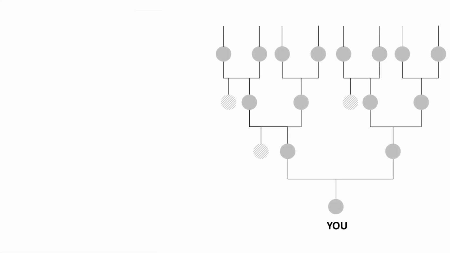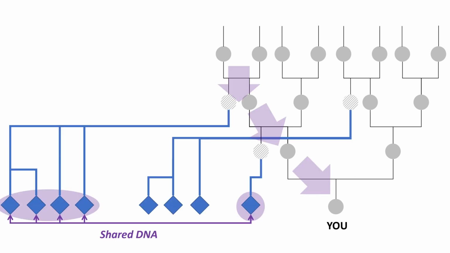For that explanation, I'm going to go back to this chart of your ancestries, the simplified chart of your ancestries. And I've added here these hashed nodes, which are the siblings of your own ancestors that your matches are going to descend from. So if I take a look at your typical match set, you've got these other descendant lines down to your matches that are represented by these blue diamonds.